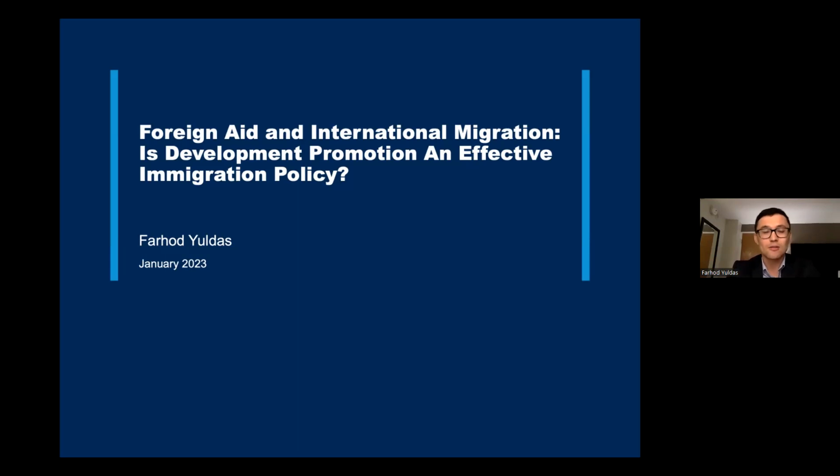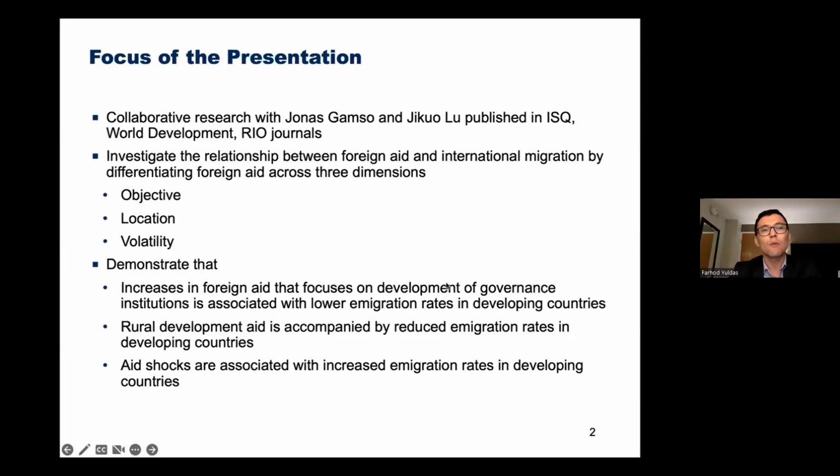So my talk is titled Foreign Aid and International Migration, and the question is: are development promotion and development assistance an effective immigration policy? The focus of my presentation is based upon the collaborative research program that I've had over the past few years with my colleague Jonas Gamzo at Arizona State University, as well as Jiko Liu.